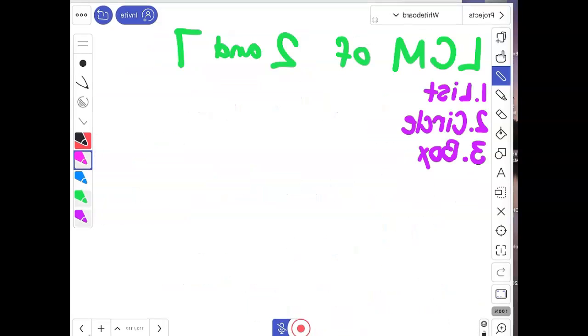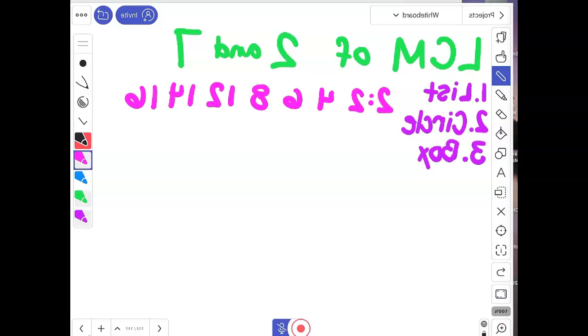If I want to find the LCM of 2 and 7, I'm going to list my multiples of 2. 2, 4, 6, 8, 12, 14, 16, 18, 20. I'm going to stop there.